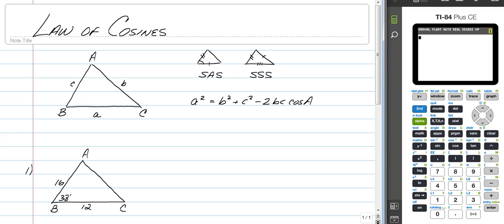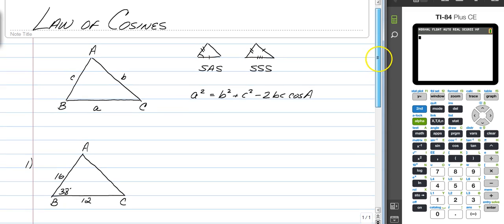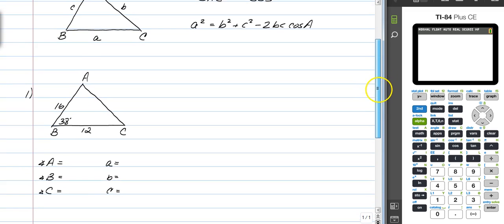So we will not have a big A and a little a, big B and little b, or big C and little c. This simply tells you that we will not have an angle and the opposite side given. Because when we do, we can use the law of sines. When we don't, we use the law of cosines. So, let's just jump in and talk about how we do this.